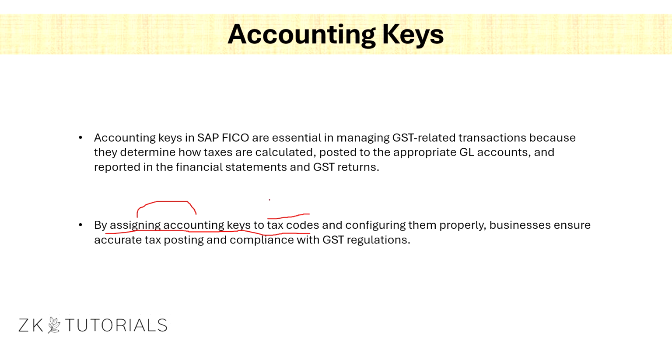Tax codes is nothing but the tax rates. In India, we have 18% GST, 12%, 16% like this. Based on the separate types of goods, there are separate percentages of taxes. Tax rate is nothing but tax codes. In SAP, tax rates is called as tax codes.